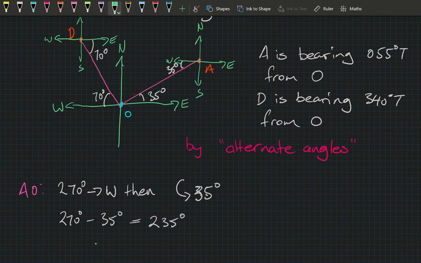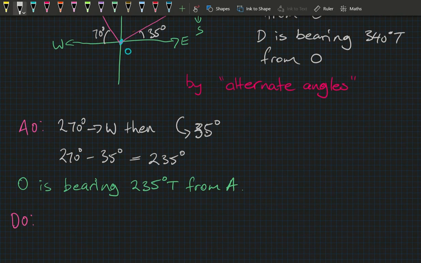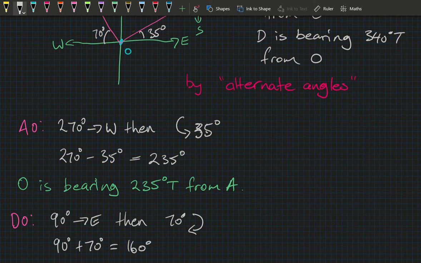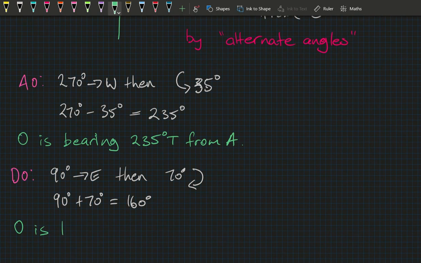So O is bearing 235 degrees from A. And looking at D to O, we can see there's that 70 degree turn there. But first we have to turn to E. So we turn 90 degrees to get to E, and then another 70 degrees clockwise. So clockwise is adding, and 90 plus 70 is 160. So O is bearing 160 degrees from D.